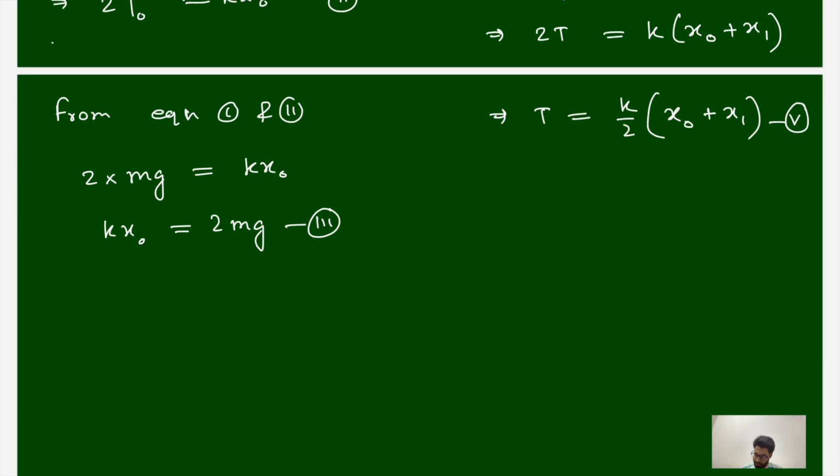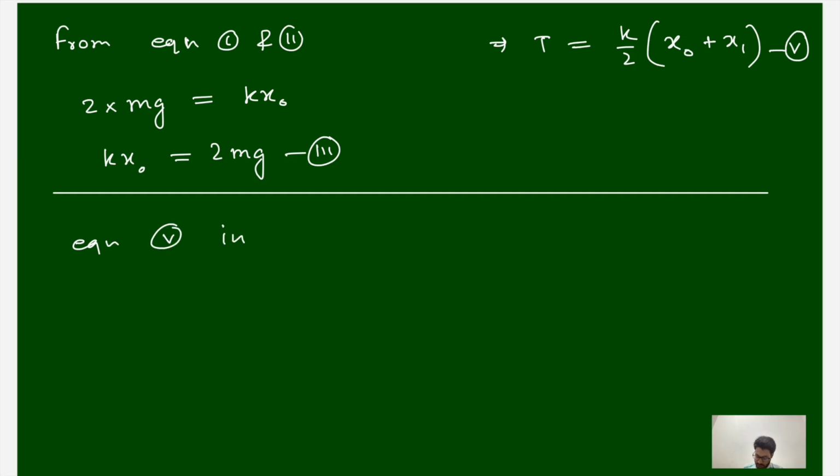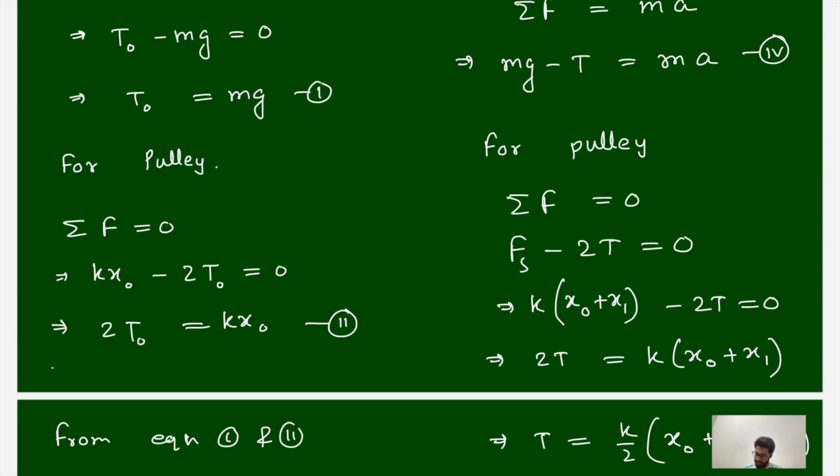So I am writing here, equation 5 in equation 4. What is there? mg minus T is equal to ma.